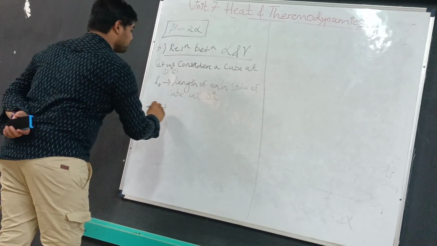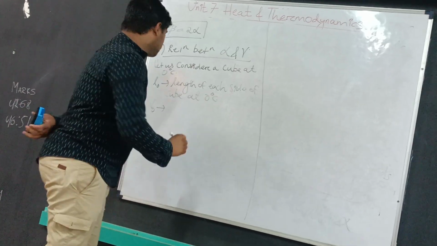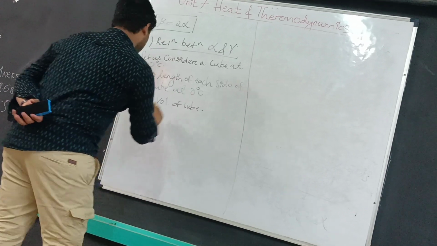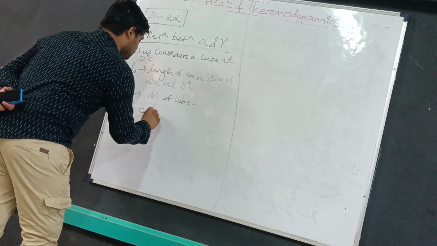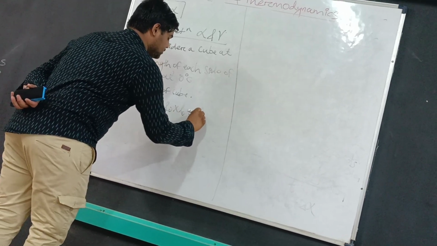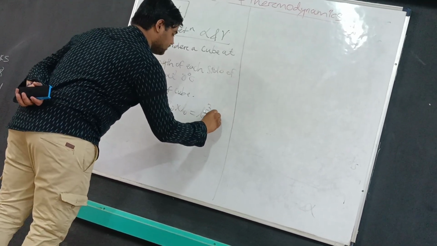So the volume of the cube at 0 degree centigrade will be L0 into L0 into L0, that is L0 cube. This is equation number 1.